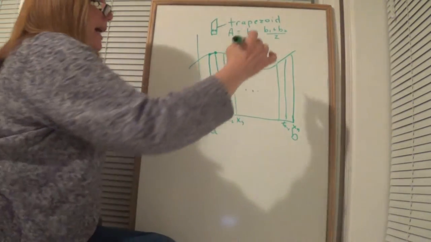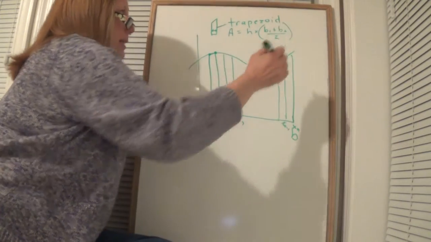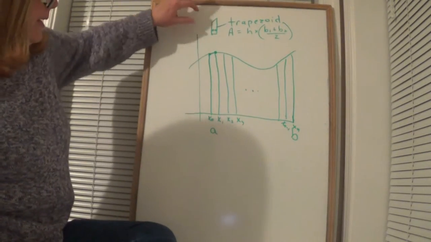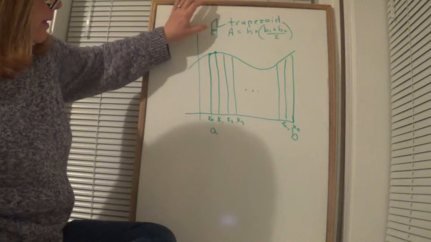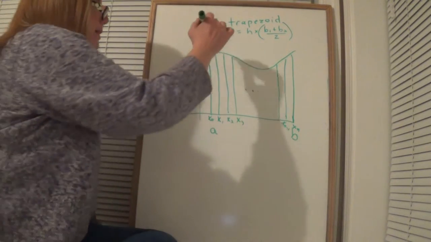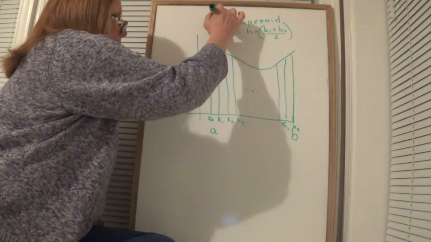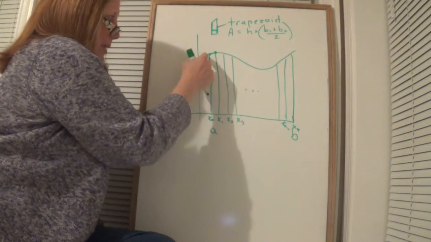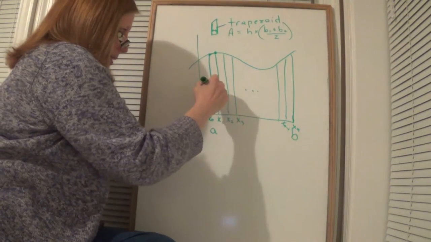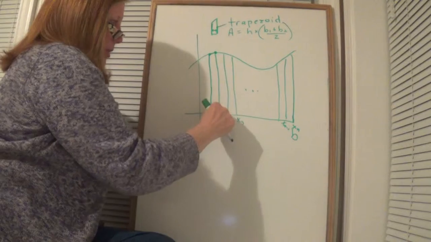So it's actually the average of the bases times the height. So the bases are going to be these sides of what was a rectangle. So this is base 1 and this is base 2.